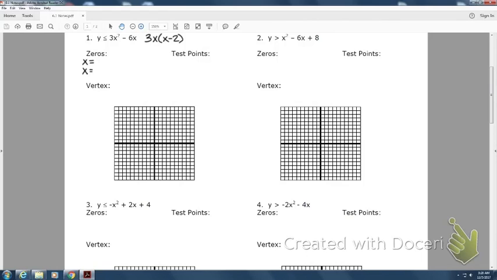Josh? Positive 2 and what? Yeah. If I set 3x equal to 0, what is x going to be? 0.